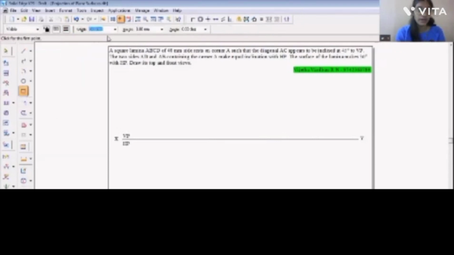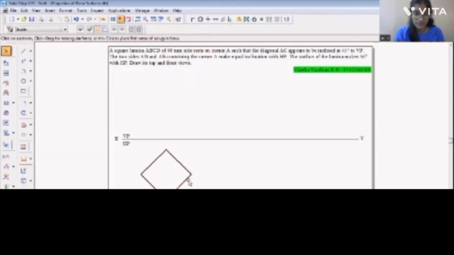Let's draw a square of width 40 and height 40 and place it with the angle 45° below the XY line. It should be a visible line.